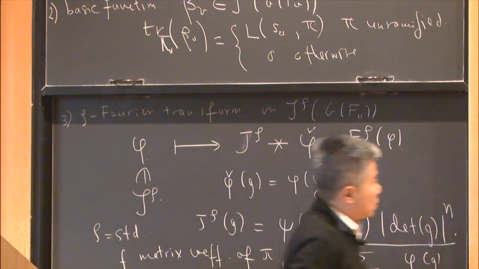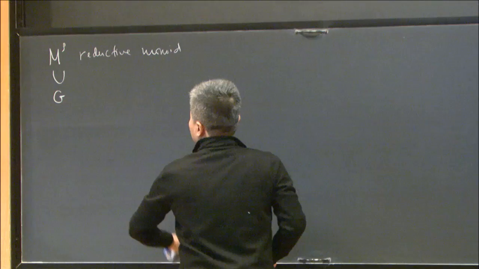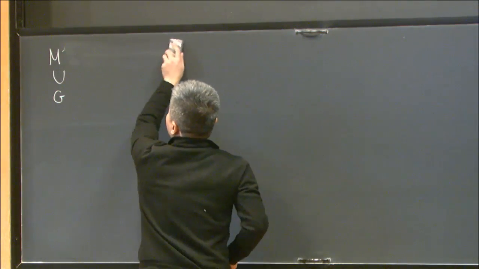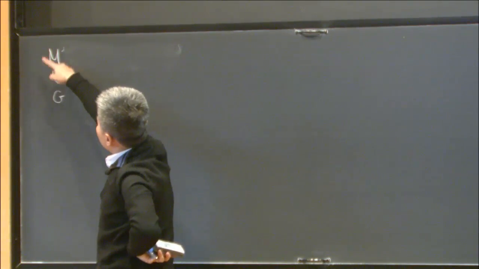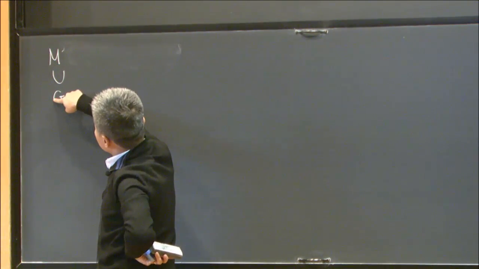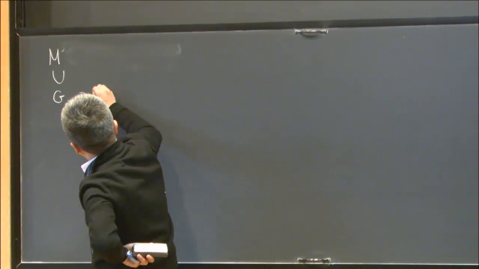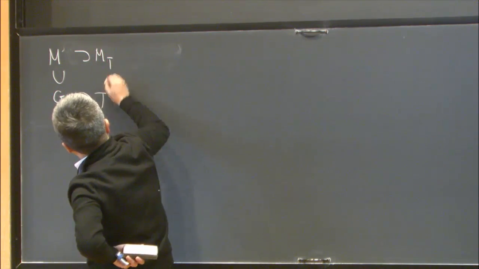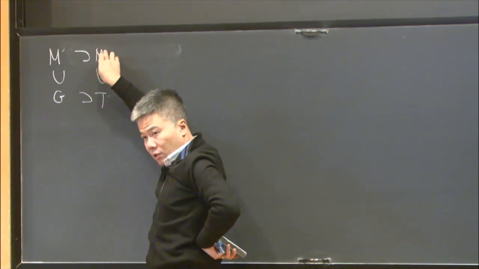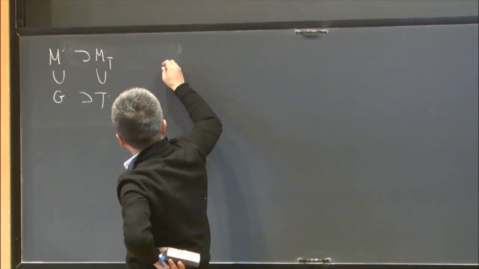Okay, so you can construct this by the following procedure. Any reductive monoid is an irreducible normal algebraic variety containing G, with G acting on the left and the right. When you look at the maximal torus and look at its closure, then you have a toric variety, right? And the toric variety is defined by some cones.